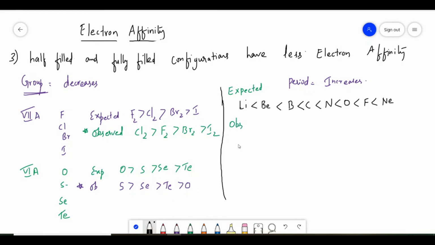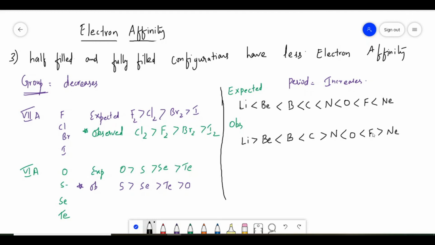So the observed electron affinity is lithium will have more electron affinity than the beryllium, and then boron will be more than beryllium, and then we have carbon, and carbon electron affinity is more than nitrogen, then oxygen, then fluorine, and fluorine electron affinity is more than neon.